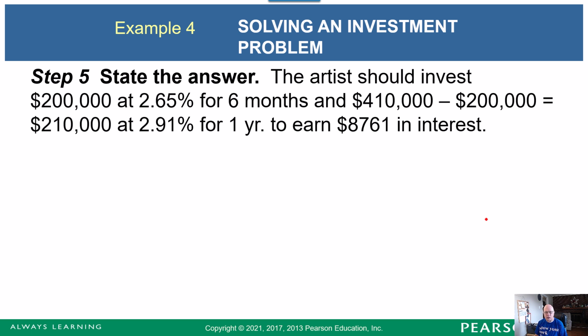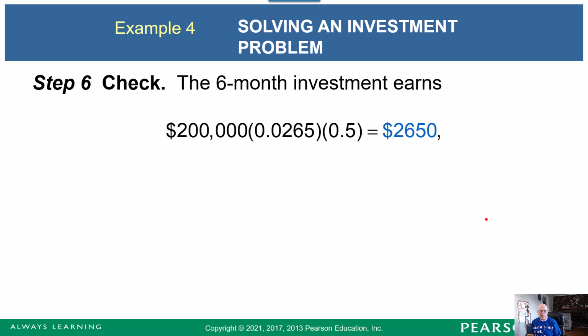And notice this answer is a complete statement, a complete sentence. And there's your answer. And then we need to check it. So the 6-month investment, how much do you get? Just multiply the principal times the rate times the time, and that's how much you get from the first investment.